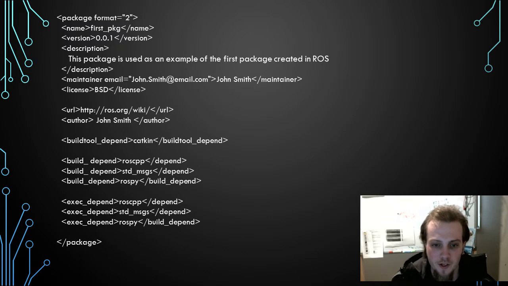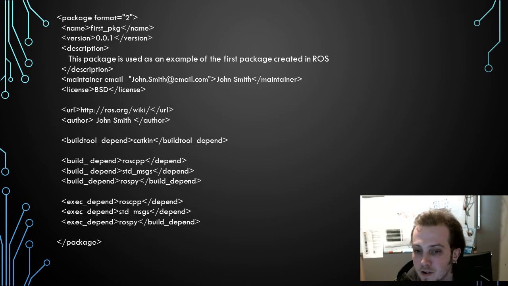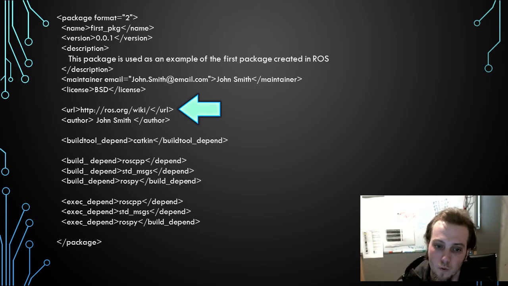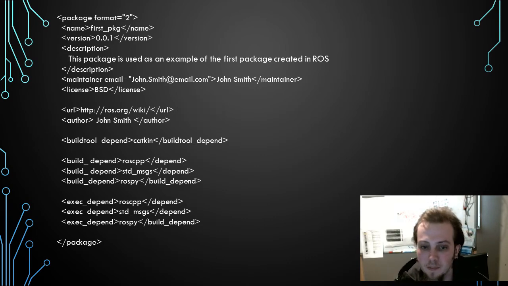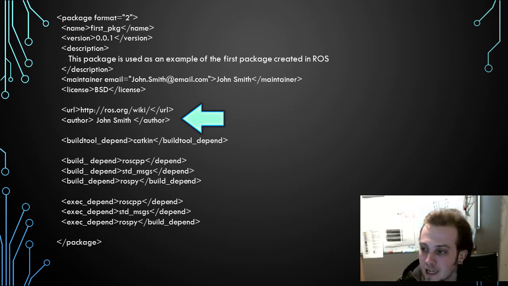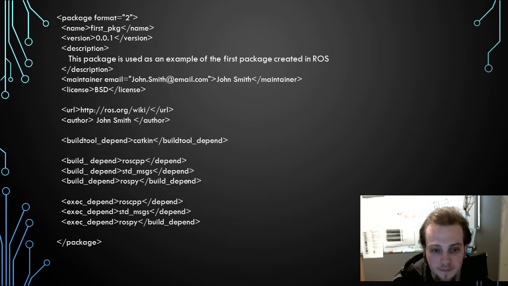Now you'll notice also that I added some extra optional tags here. These aren't required, but you can put them in if you feel like it, and you need to. So a URL, which allows you to link to a website or a page describing the package, and also an author tag, as the maintainer may not be the same as the author.